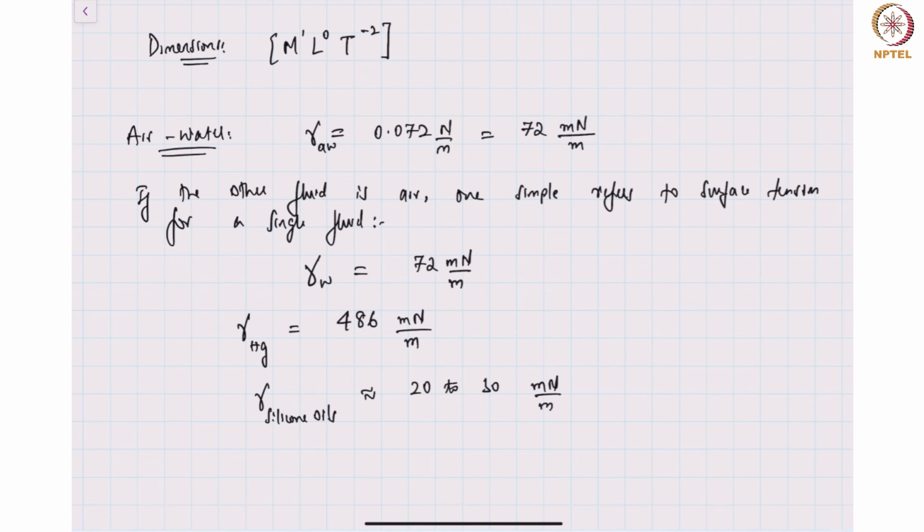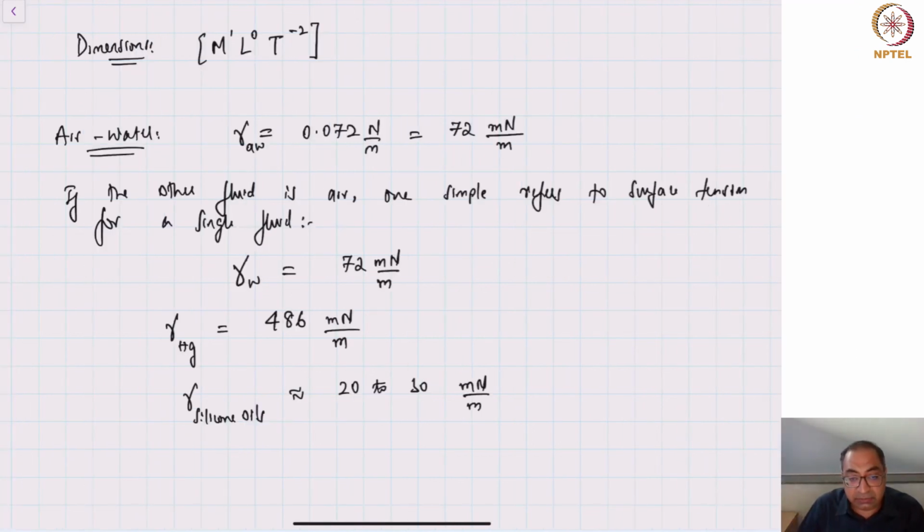So it's useful to know these numbers, especially the value of 72 millinewton per meter, which we will use again and again when we do calculations to estimate the typical length scales where surface tension becomes an important force.